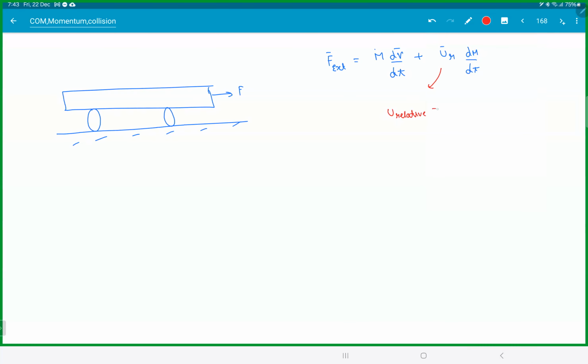Why? If the trolley is going with v, won't the sand also fall with v? When a particle leaves the moving system, it will have the same speed as the moving vehicle, right? So velocity of the sand with respect to the trolley is always 0.